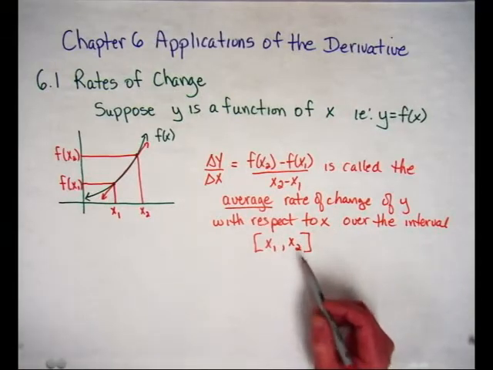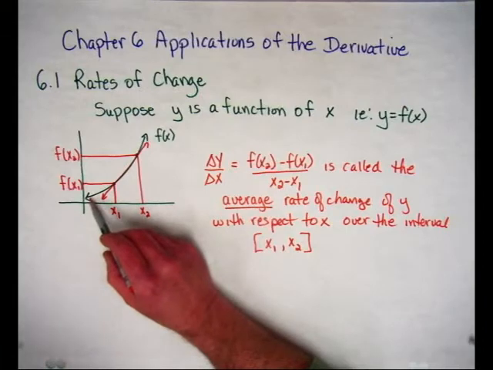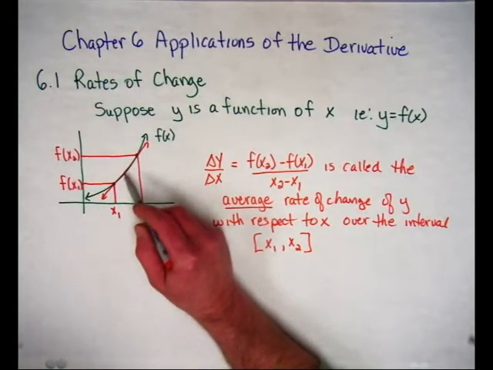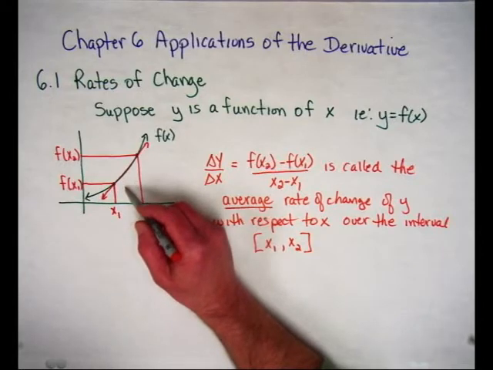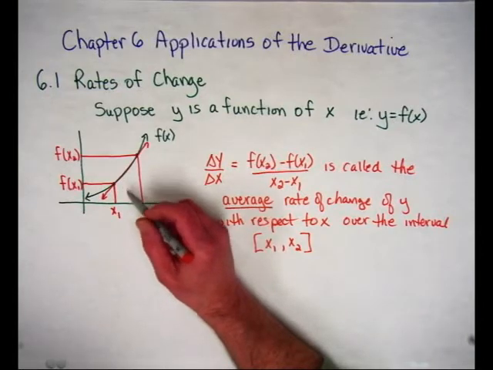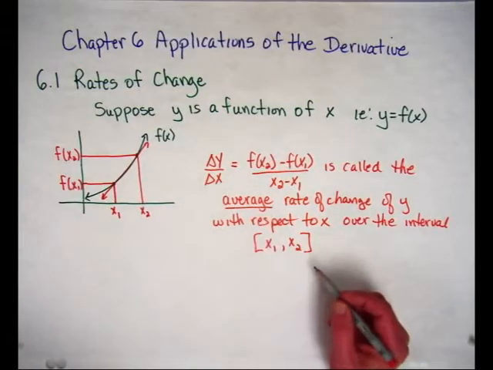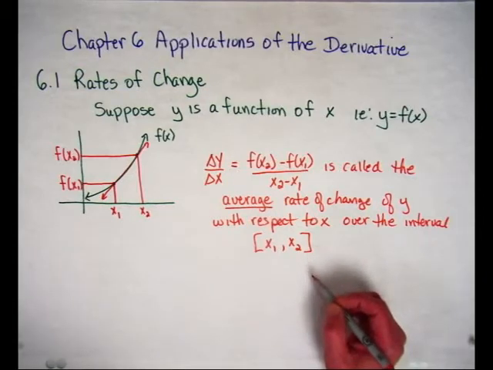So just to summarize, this graph right here, this function f of x, it is constantly changing. If we want to know how fast it was changing, that speed at which it's changing, which we call the rate of change, is nothing more than the slope of a secant line joining any 2 points on the graph. So if we were to select 2 arbitrary points, x1 and x2, then the average rate of change of the function y with respect to x would be the slope of the secant line over that given interval.